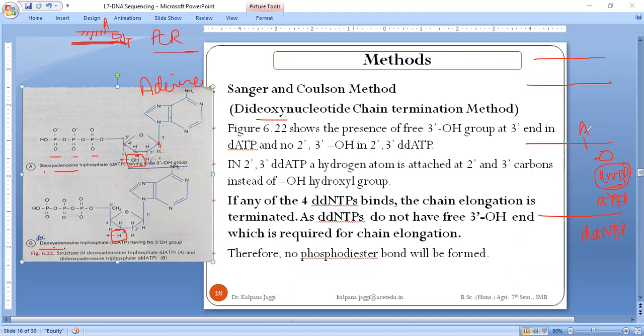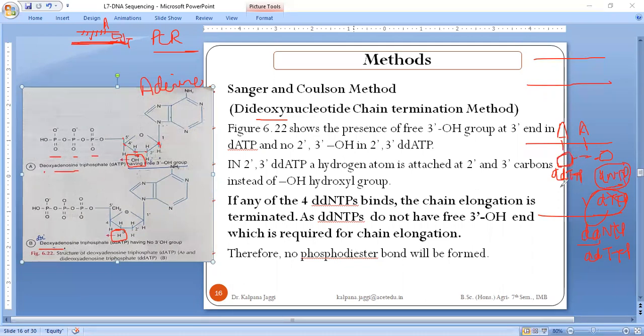That means if I am talking about A, there is of course the presence of dTTP, but there is often the presence of ddTTP. If the dTTP attaches here, then there will be continuation of the formation of another strand of the DNA. But if mistakenly somewhere there is the addition of ddTTP, then that will be the specific point where there will be the termination of the chain elongation.